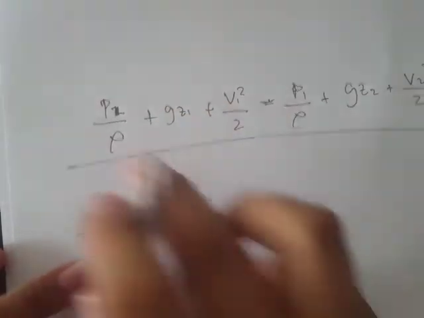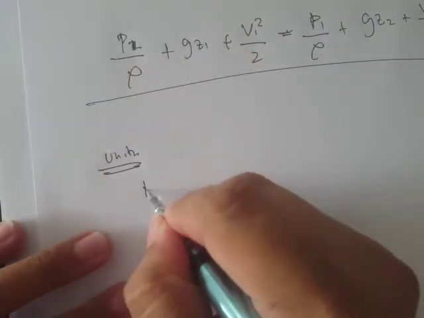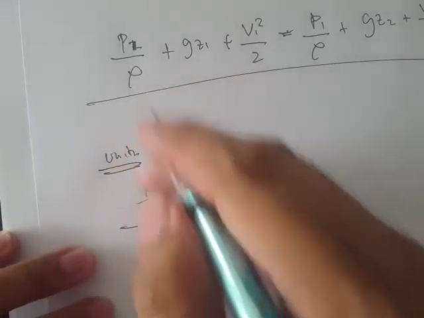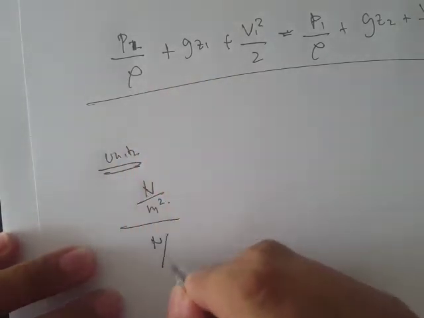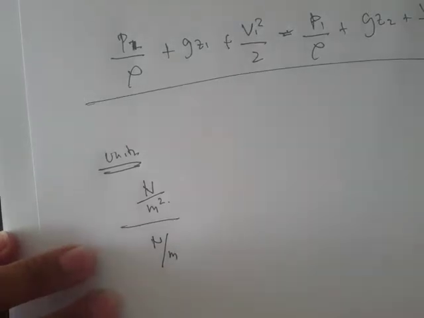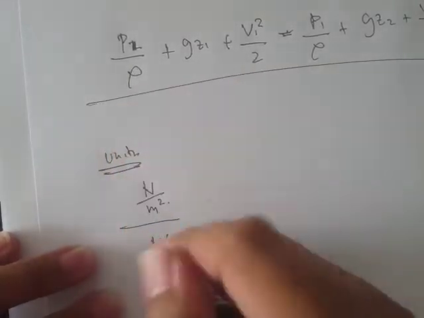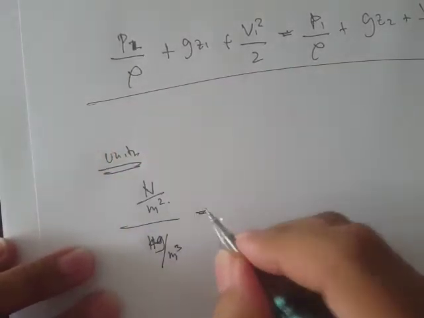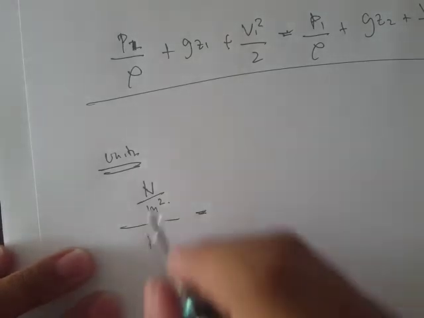Now, what is the unit of pressure? The unit is Newton per meter squared divided by the unit of density, which is Newton per, no, that's mass density. This should be kilograms per meter cube. Okay, so what is Newton?